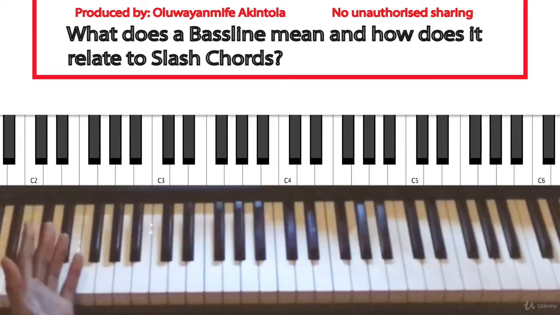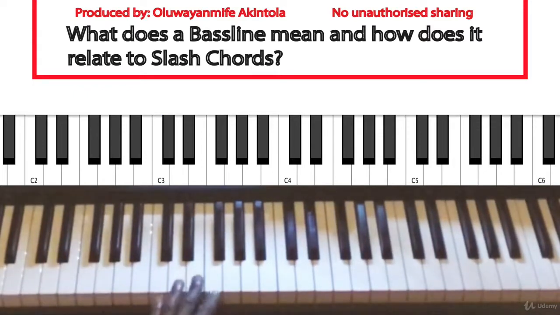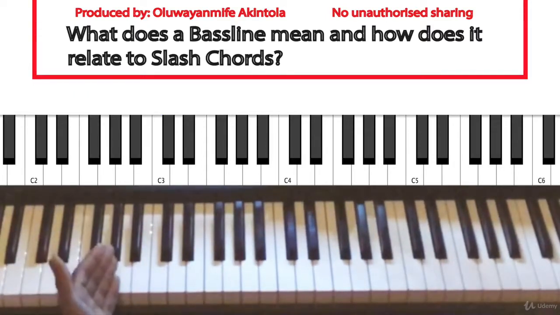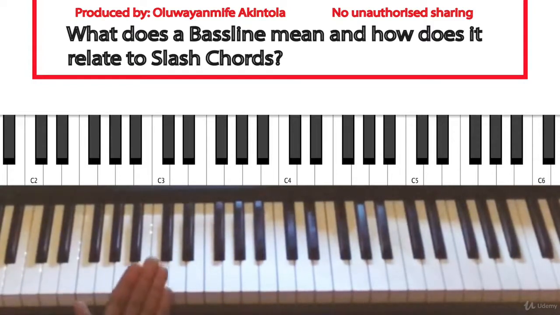And you can also have a bass line that is just moving in whole steps, or a bass line that is moving in half steps. So you can have a bass line that moves in any direction and that makes use of any musical notes.